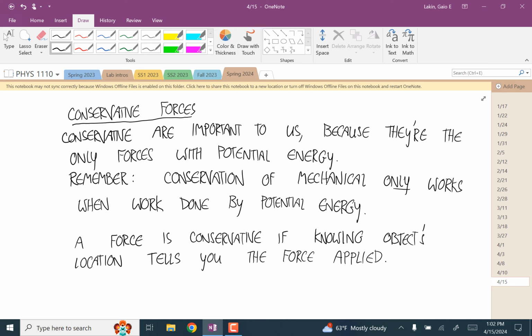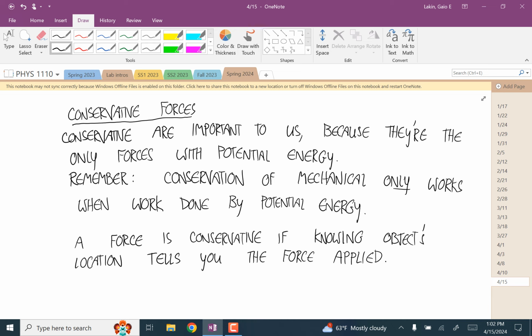If you just think about random forces, you know, shaking someone or a friction force or something. There are a lot of forces out there. Most of the forces out there are not conservative, but there are some important ones that are. So let's think about what those are.